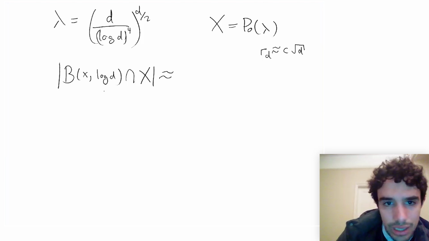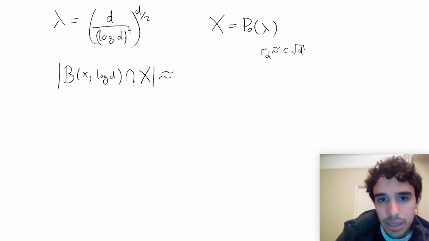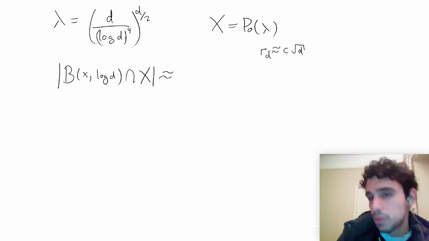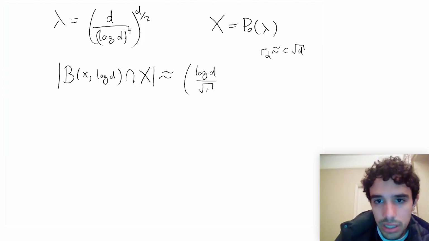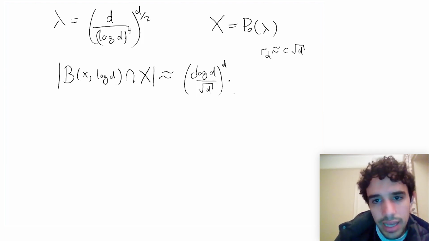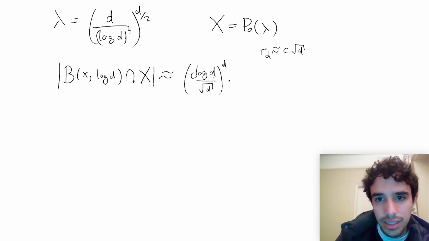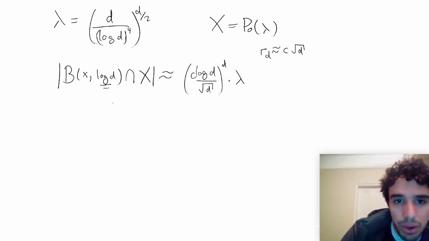So log d is basically going to be root d smaller than the normal radius of the ball of volume 1. So this ball here has volume like log d over root d and some constant to the d. And then we get this number times lambda.